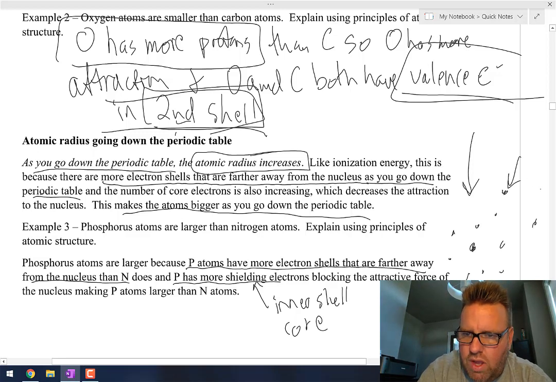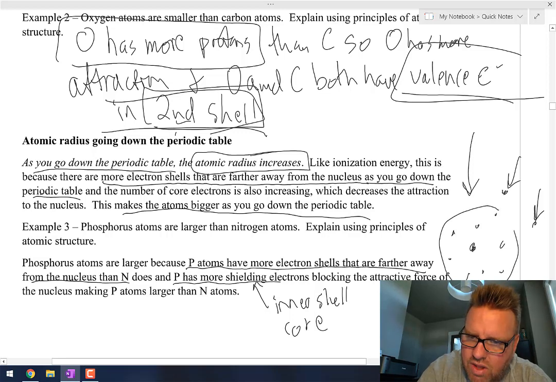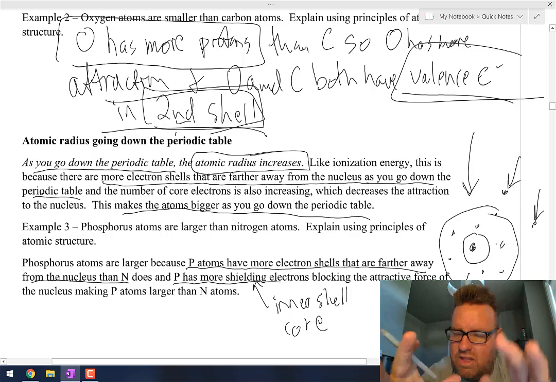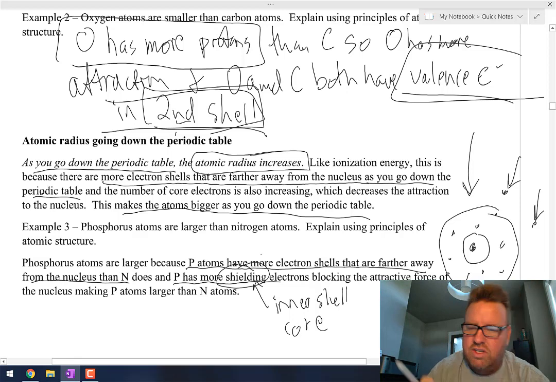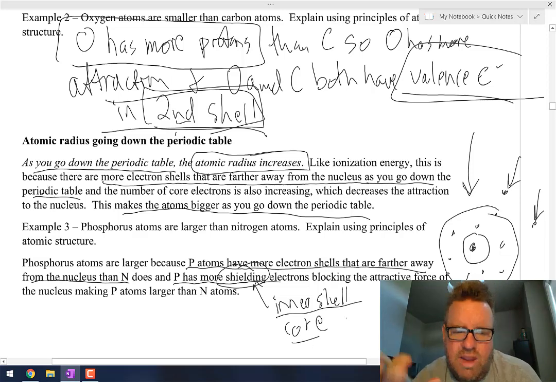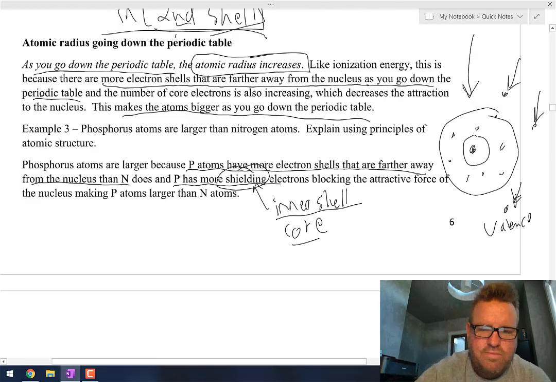So these 1, 2, 3 electrons are all valence electrons. What about all these other electrons that are in here between the valence electrons and the nucleus? Those are what we call the shielding electrons because they're kind of blocking the attractive force of those valence electrons. You can also call them inner shell, you can call them core. They're all the same. The important part is they're not valence electrons.